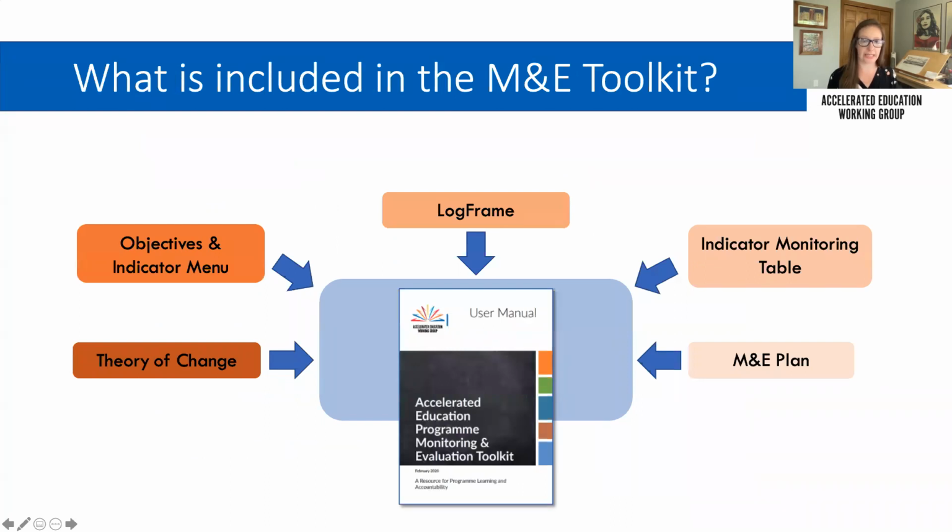And you'll find when you download it that the toolkit first consists of a user manual pictured here, and then it has five tools in a single editable Excel document, all of which are adaptable to meet your needs. And those include a theory of change, an objectives and indicator menu, a sample log frame, a sample indicator monitoring table, and a sample M&E plan.